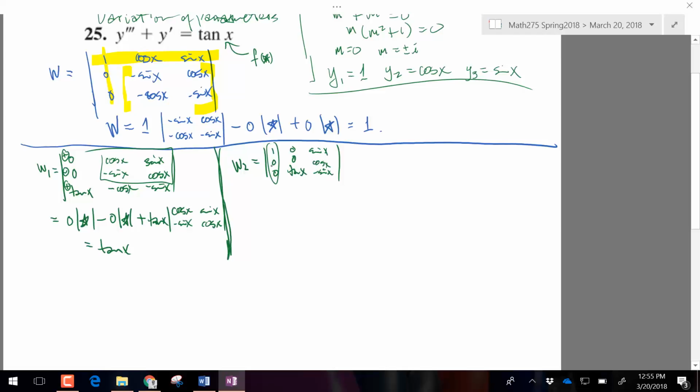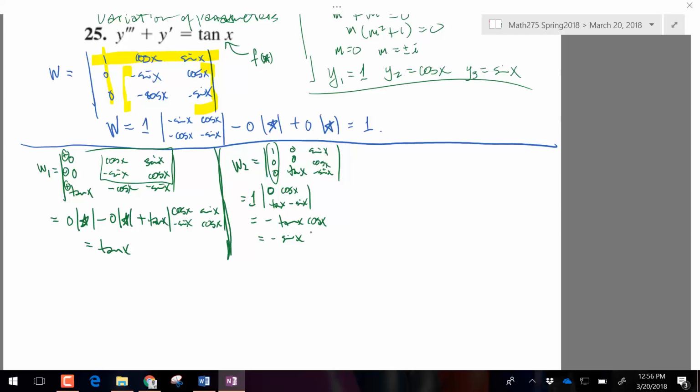So I'll expand on the first because there's a 1 in there. So there's a 1 times the submatrix 0, cosine x, tan x, minus sine x. And so that's going to be 0 minus negative tan x cosine x. Yes, tangent is sine over cosine, so let's just call that minus sine x.